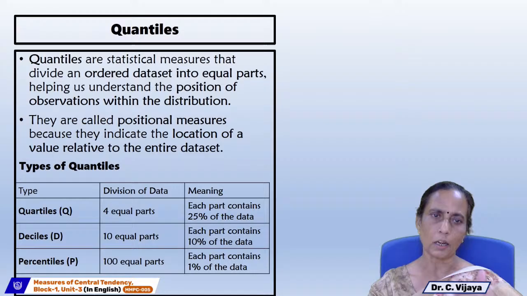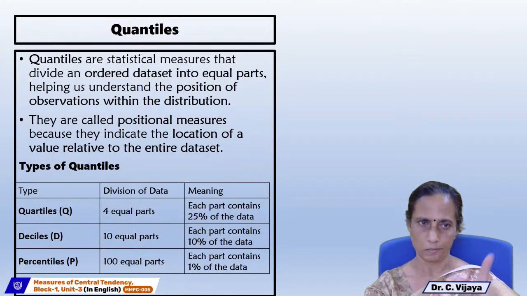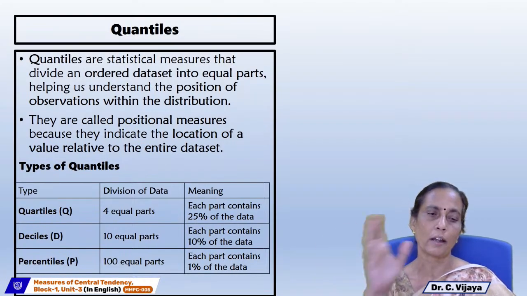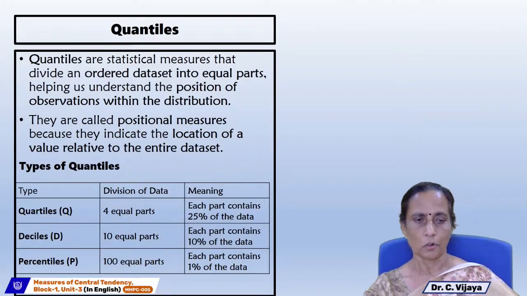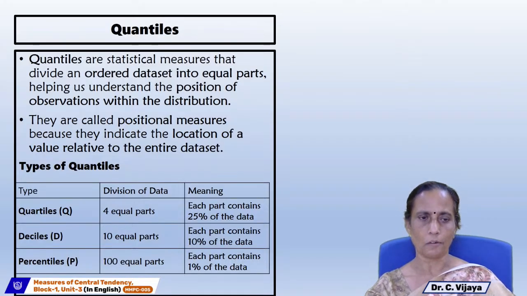By ordered, I mean it should be arranged in either ascending or descending order. So into equal parts, helping us to understand the position of observations within the distribution. And these are called your positional measures because they indicate the location of a value relative to the entire data set. So we have three sorts of quantiles.